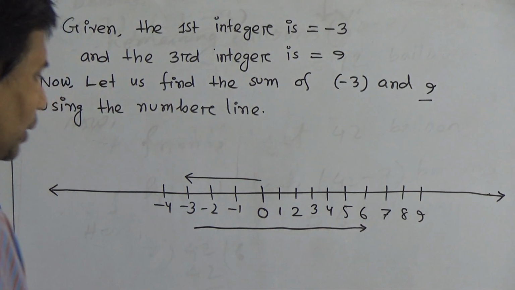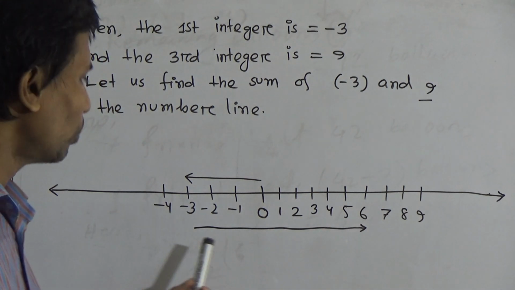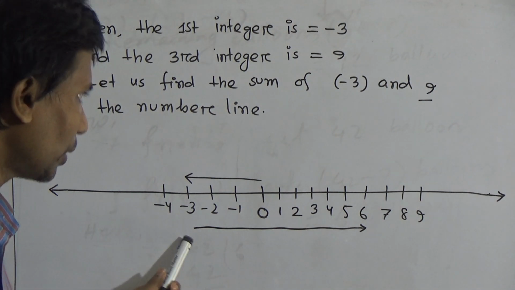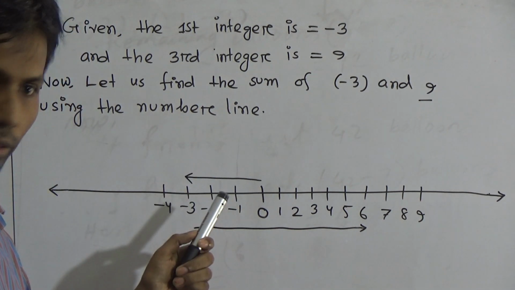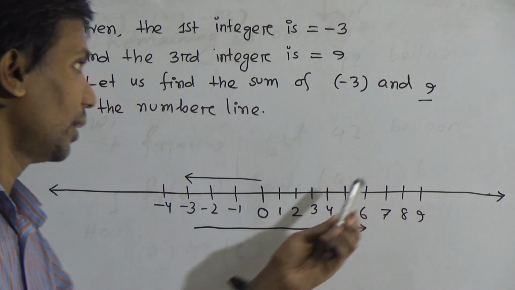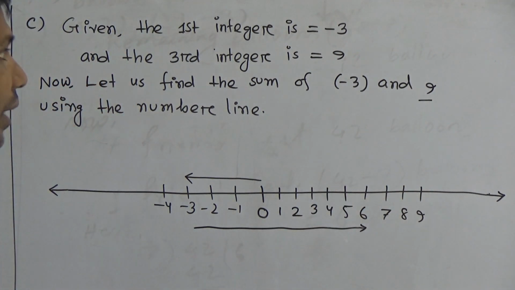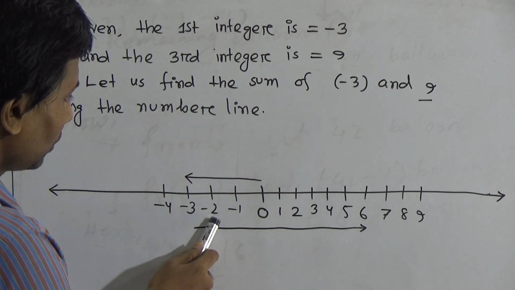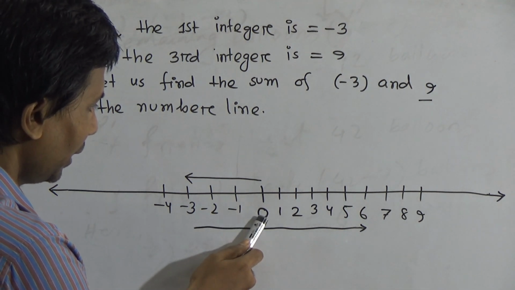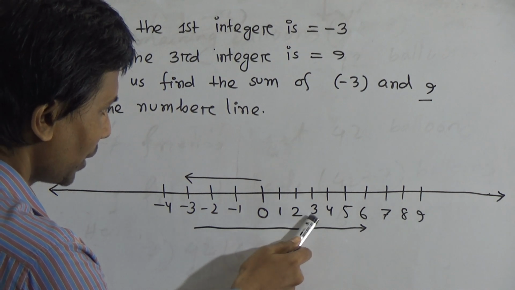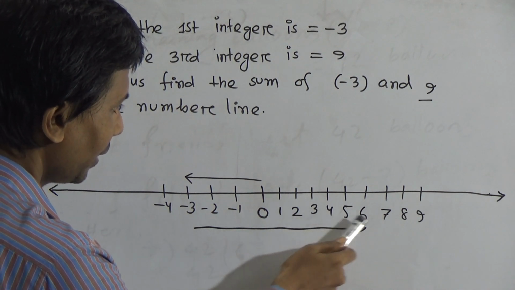Again, you have to move 9 steps from minus 3, not to 9.